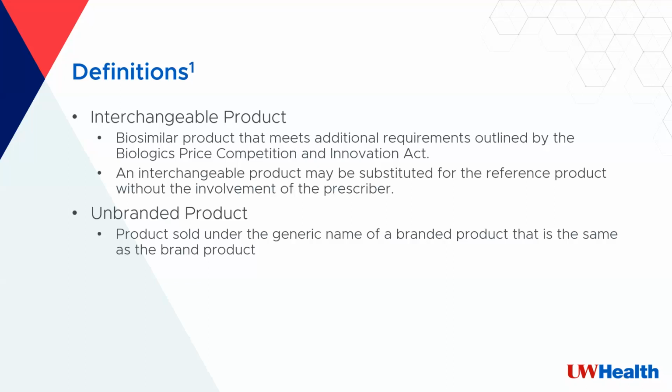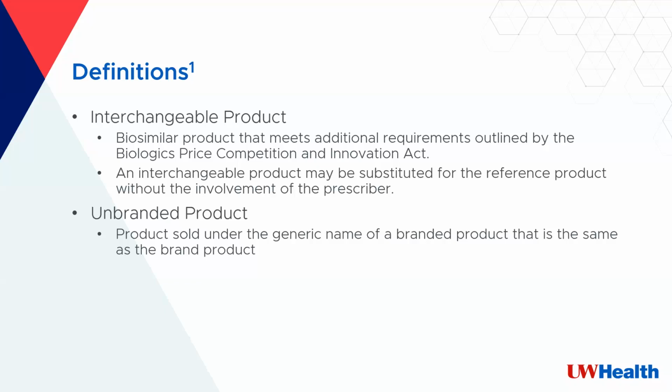The other definition here, the unbranded product, is not necessarily a common biologic term. Rather, I'm calling it out here to eliminate confusion regarding these products for biosimilars. For some older biologic products, like insulins, an unbranded product is the same product, manufactured just as the branded product is.